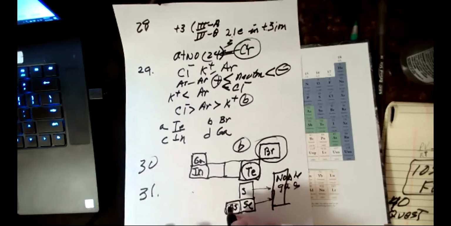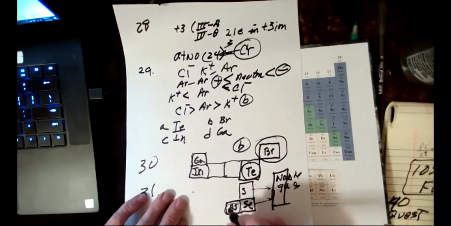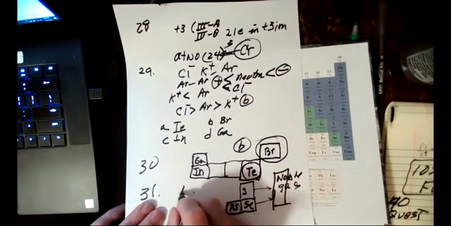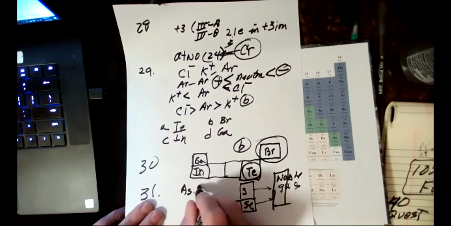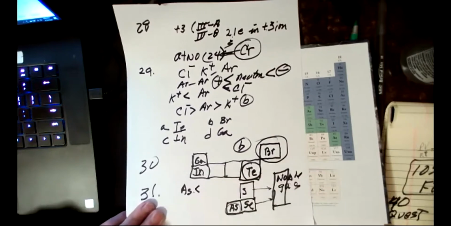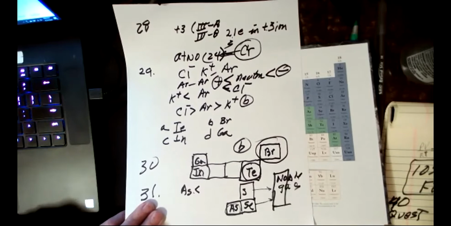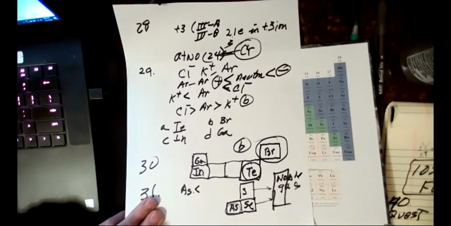So I already know arsenic is the smallest, and the correct answer has to have arsenic here like that. Okay, I can eliminate C and D. Only A and B have arsenic in the right place.